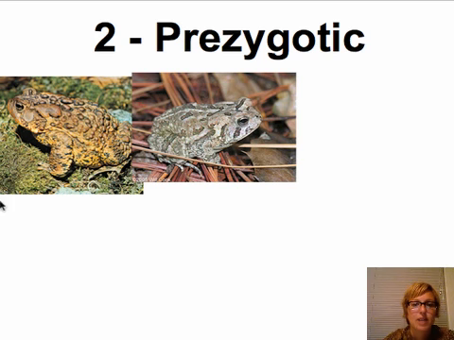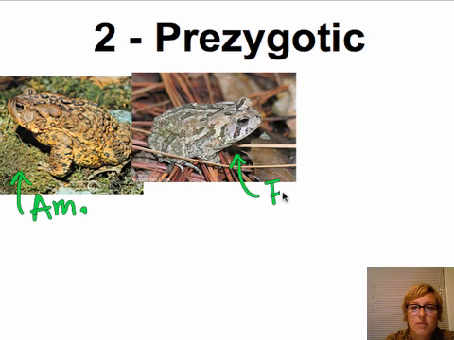Right here, we have an American toad. So I'm just going to abbreviate it AM for American. And we have our Fowler's toad. So I'm just going to do FW. So our Fowler's toad and our American toad can actually mate and produce successful offspring in a lab.